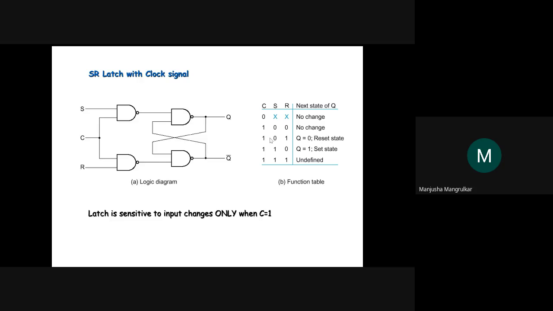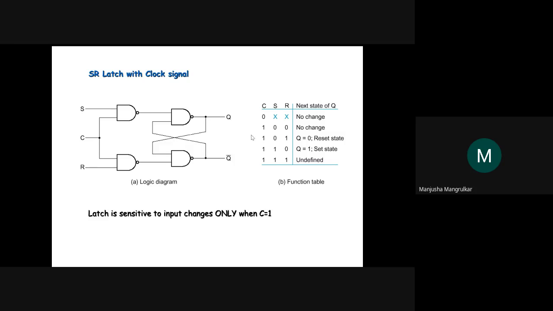Suppose the clock is 1, S is 0 and R is 0. The latch is sensitive to input changes when the clock is 1. If the clock is 1, S is 0 and R is 1, then both the inputs are 1, so the output is 0. If any one of the inputs is 0, the output will be 1.